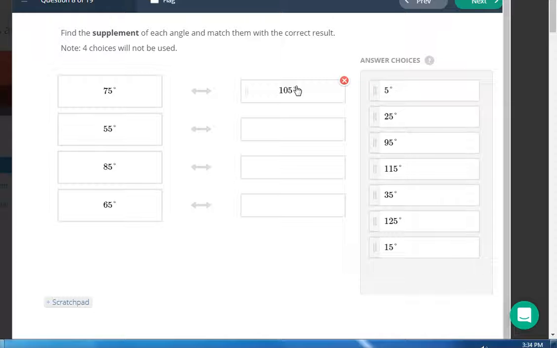We have 180 subtract 55, we are going to get our 125. We have 180, take away 85, we are going to get 95. We have 180, take away 65, we're going to get 115. Okay, moving right along.